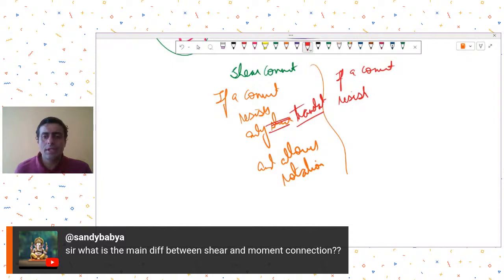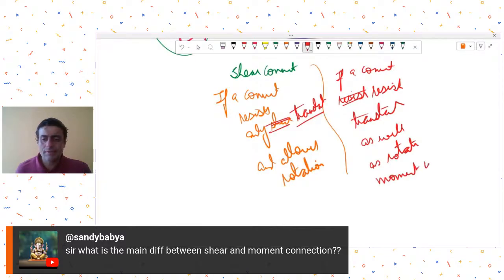And if a connection resists translation as well as rotation, then we call it a moment connection. Is it clear? The basic definition.